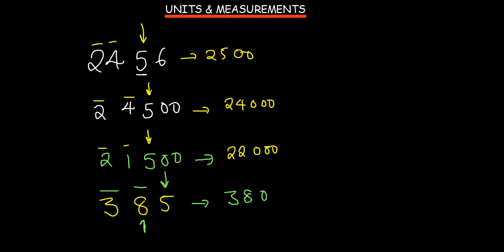If it was 3, 5, 5. You are removing a 1 from 5. Since 5 is an odd number, you are going to remove a 1 from the 5. So this becomes 3, 6, 0. We've rounded off to two significant figures.